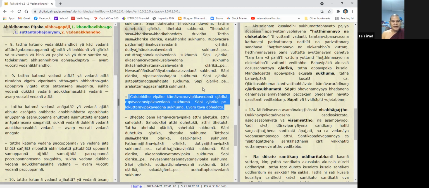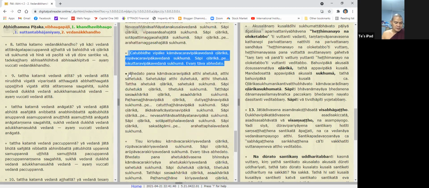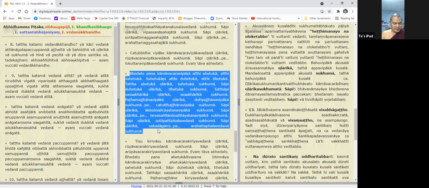So beta do pana, beta do. So Kamajara, the Vibhaṅga here will be analyzed in various ways. So Kamajara Vibhaṅga here is analyzed into Ahetuka and Sahetuka. So Ahetuka Kamajara Vibhaṅga, Sahetuka Kamajara Vibhaṅga.